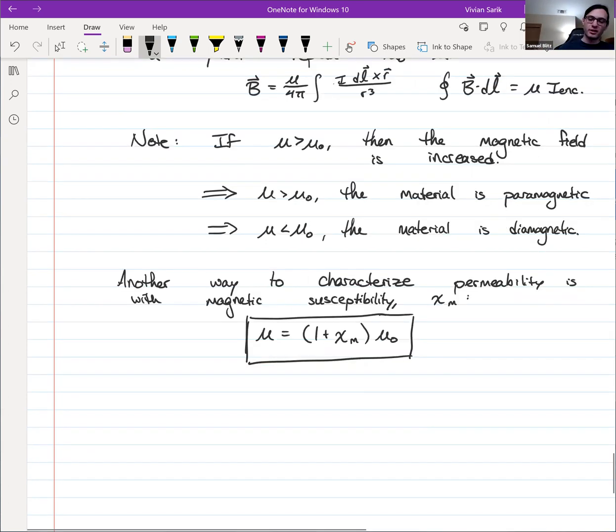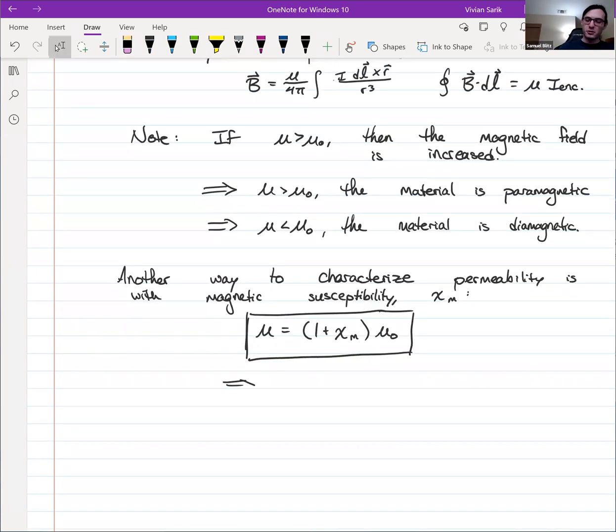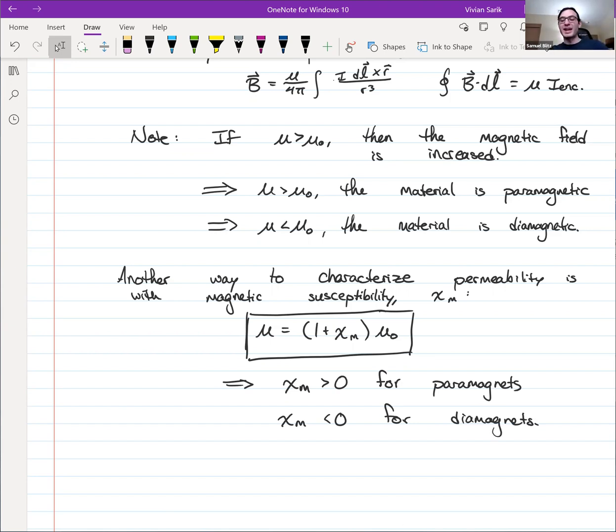So chi sub m is greater than 0 for paramagnets and less than 0 for diamagnets. It can be a more intuitive way of understanding these things because it separates positive and negative values to the two different types of objects.